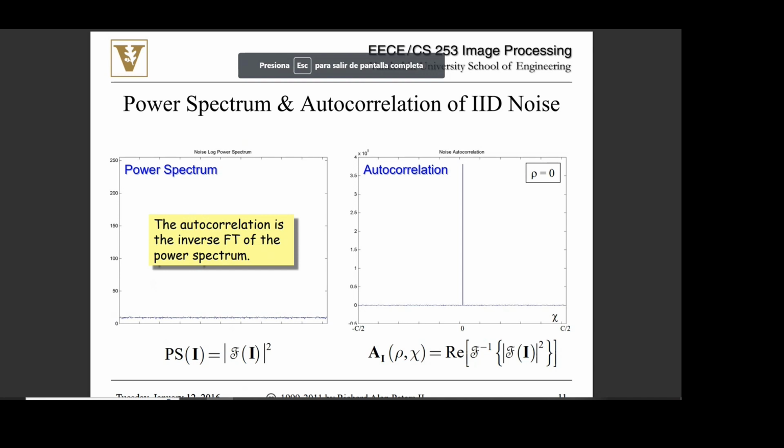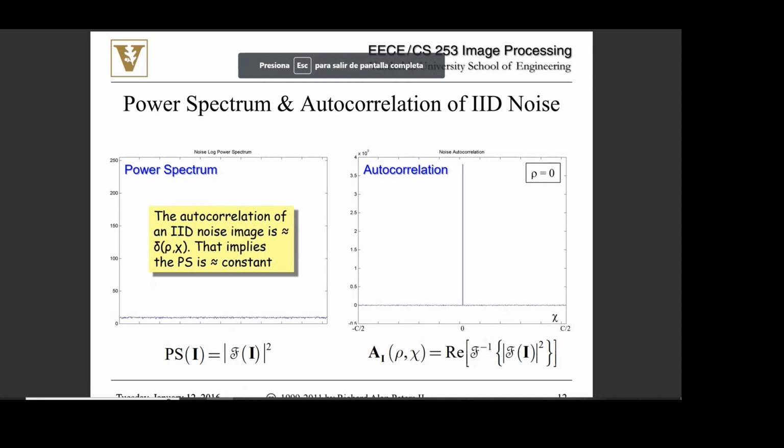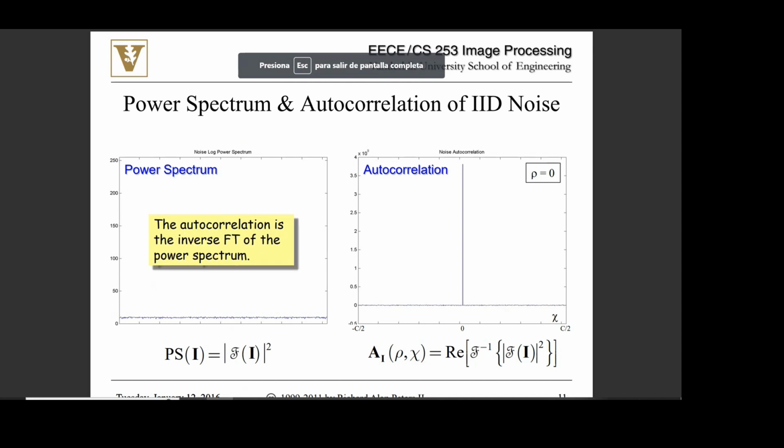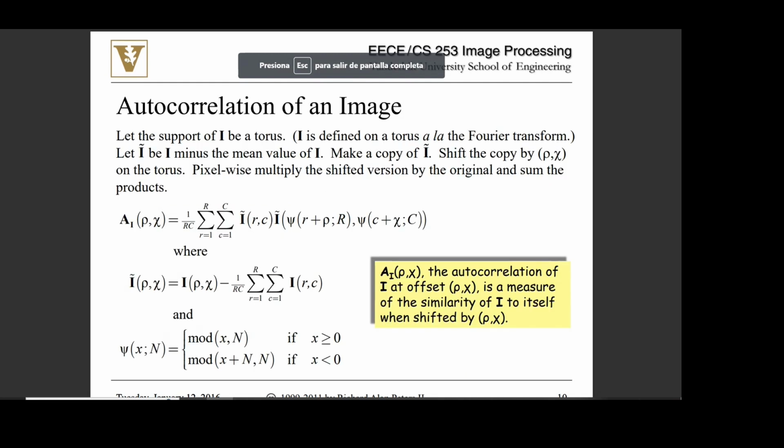Then just to see a bit the properties of this noise. So we have independent noise. If noise is independent, the autocorrelation should be just delta. And the power spectrum, the Fourier transform of the delta, is a constant. But it is not constant because it is a realization of noise, but it is almost constant. Actually, you see here that is using the sums.